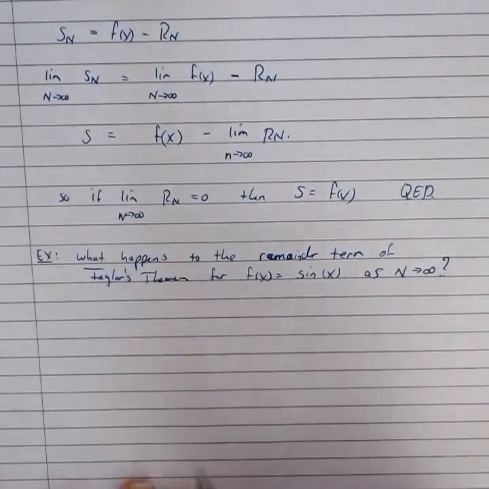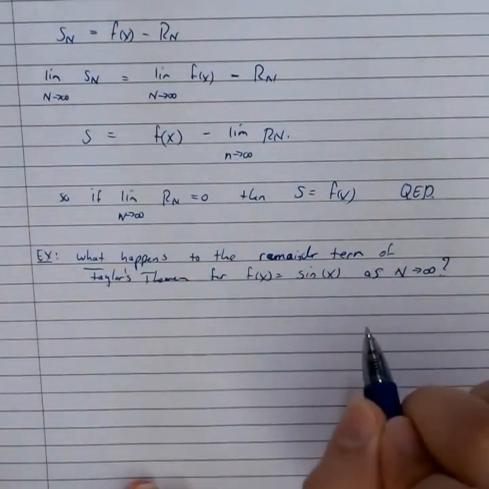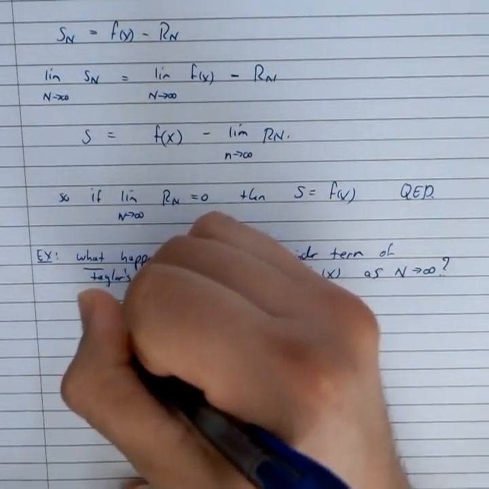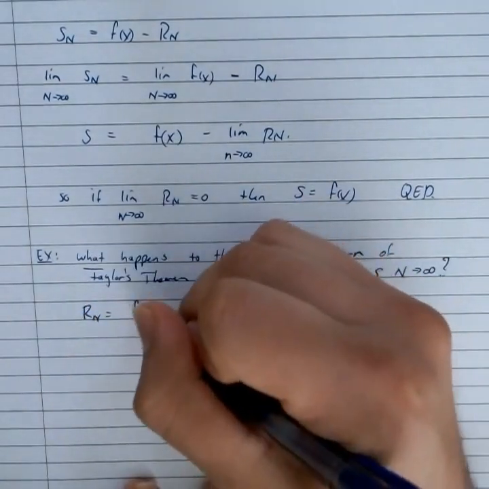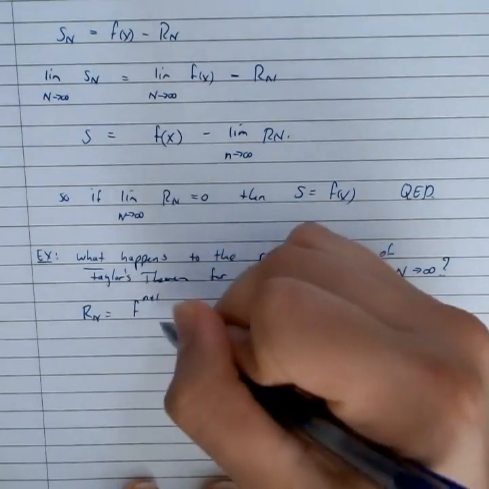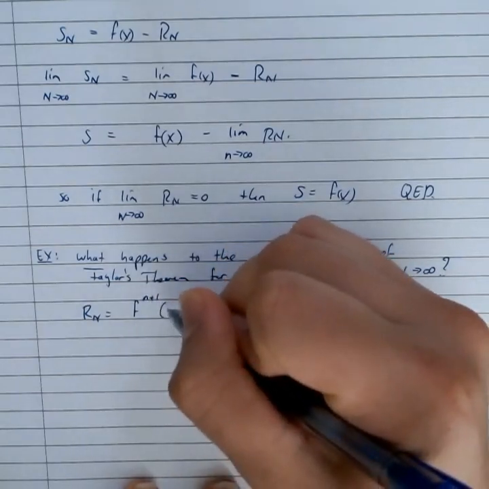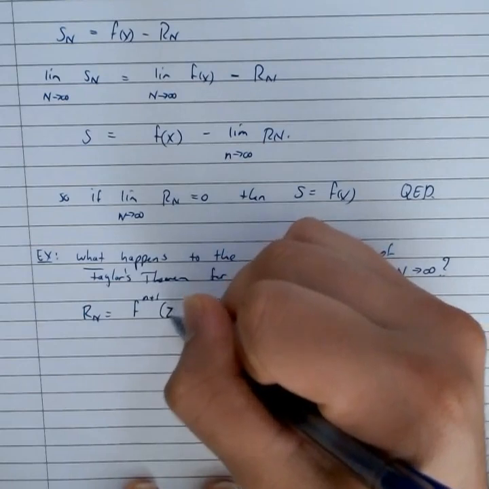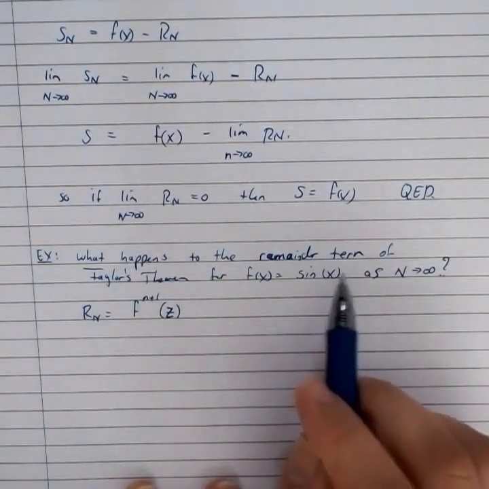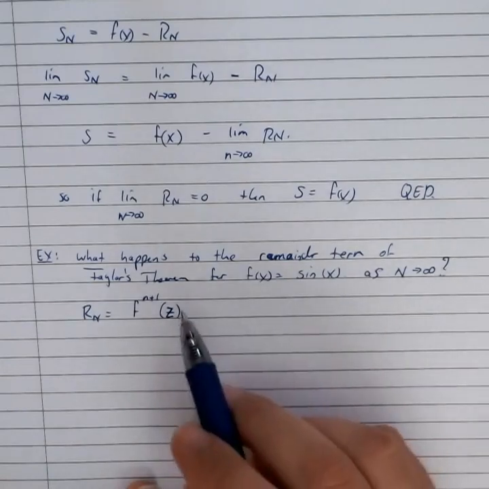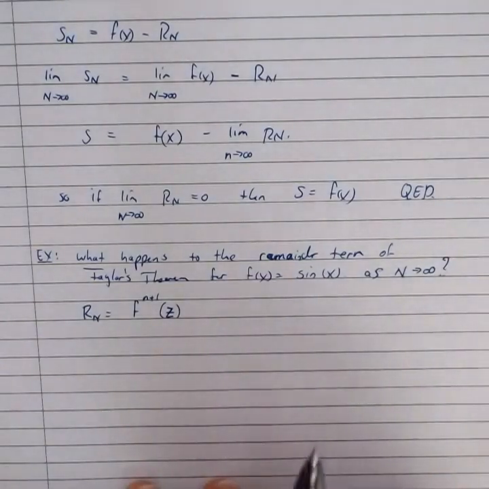Okay, so let's see here. We know what the remainder term looks like. We know that's going to equal the n plus first derivative evaluated at some number z. Now, we don't know what z is, but we know it's somewhere between our center, in this case 0, and c, some number that we're plugging in.